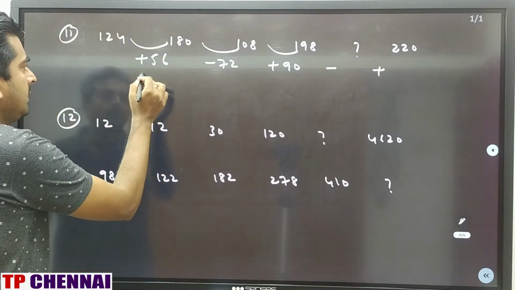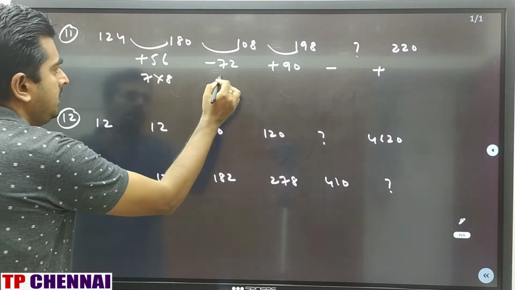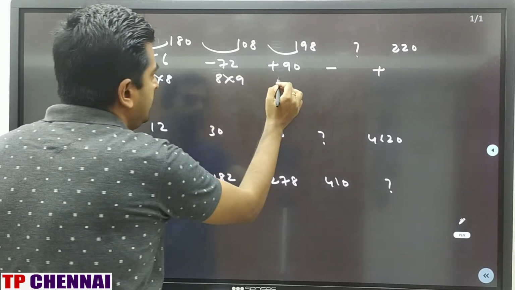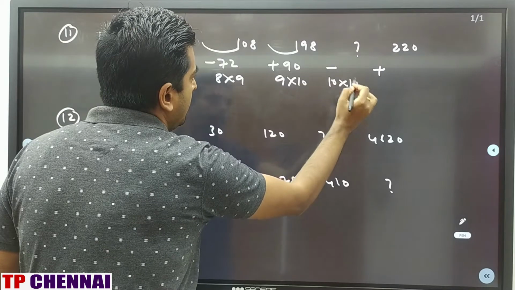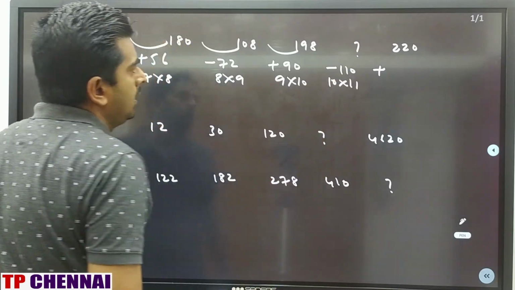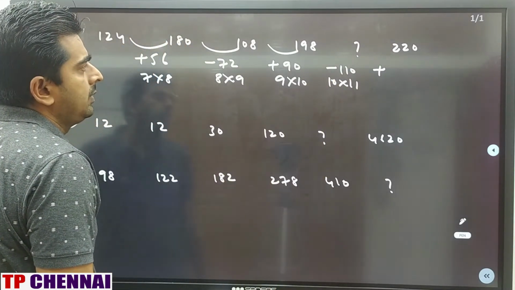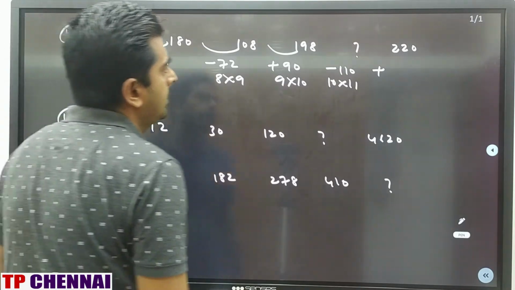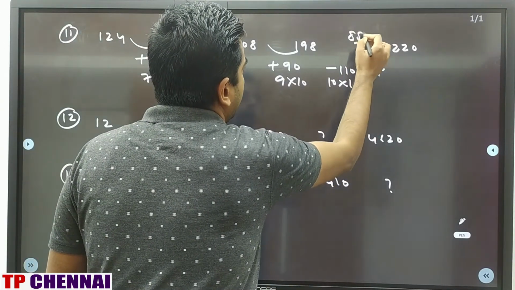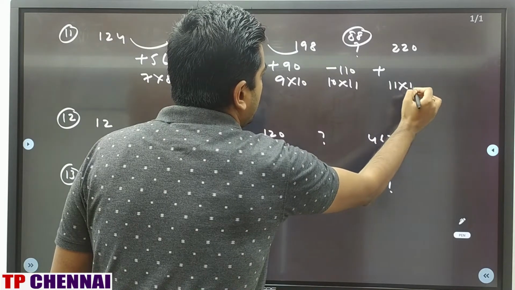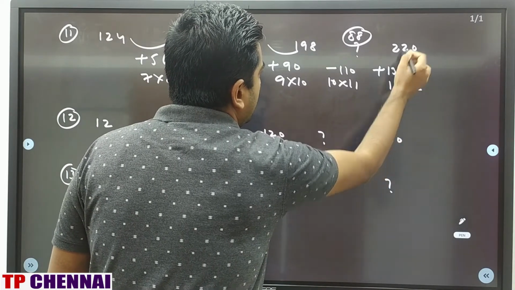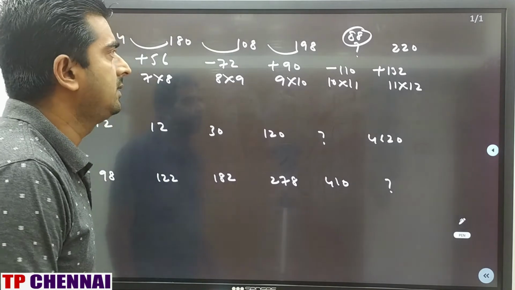This is 7 into 8, this is 8 into 9, this is 9 into 10. So this will be 10 into 11, which is 110. If you subtract 110 from here, what you are going to get? 88. Again, this will be 11 into 12, so 132 we have to add. You will be getting 220. So my answer is 88.